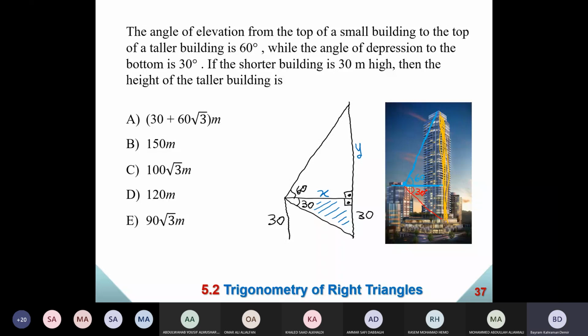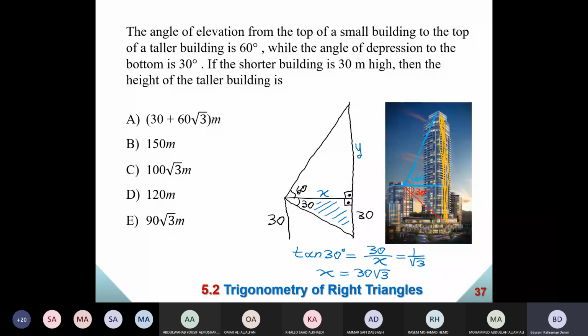Tangent of 30 degrees is equal to 30 divided by x, which is equal to 1 over root 3. So x equals 30 root 3. Okay, I got the x.